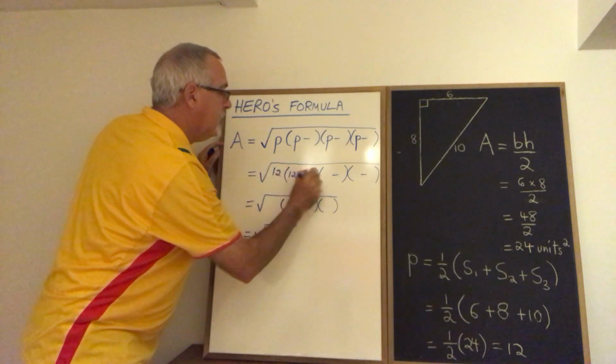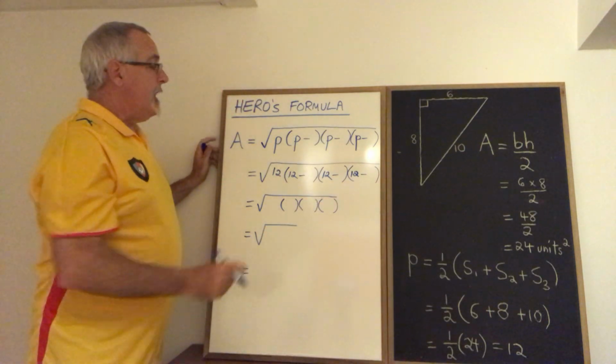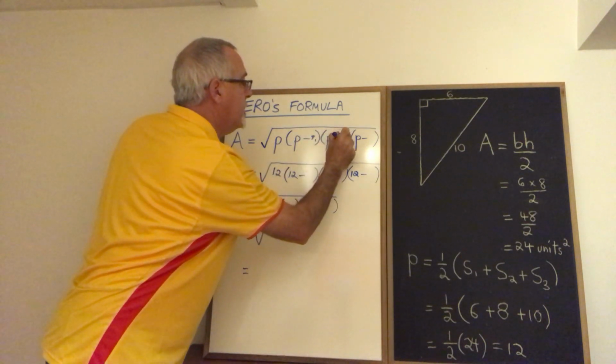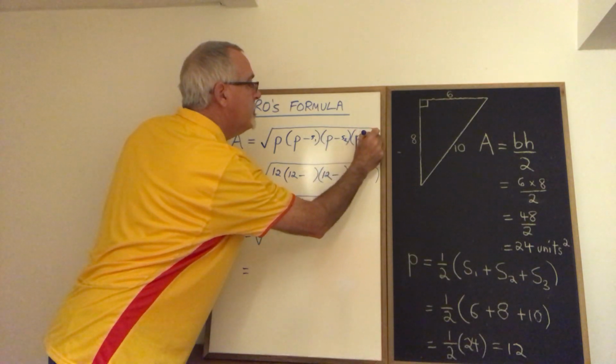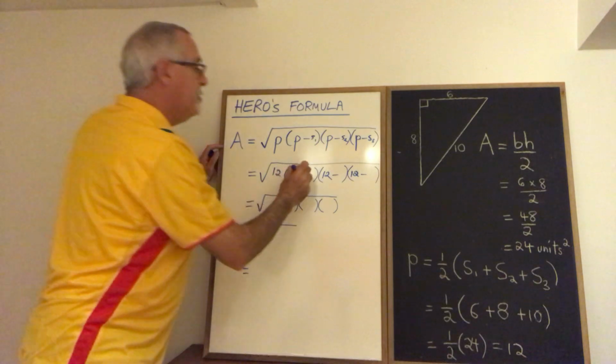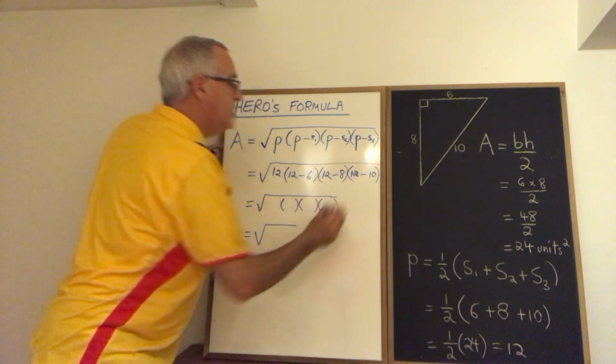So my lowercase p is 12, and that means that this is a 12, and so are the values in all three of these positions. And then what I put here is my S1, my S2, my S3. The same side lengths that we used earlier. So I'm putting 6, 8, and 10 in these positions.